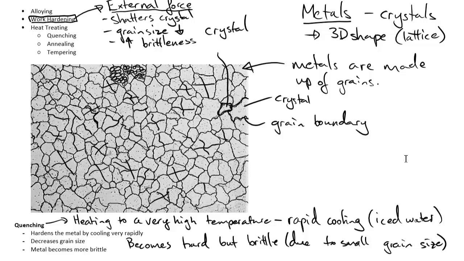So even though it's very hard, hardness means that you can use the metal to scratch the surface of anything and create a dent in it. But the fact that it's more brittle, we'll have a look at how we can reduce that brittleness to make the metal more functional, and that's through tempering, but we will look at that in a second.